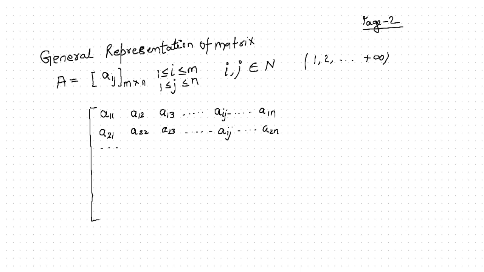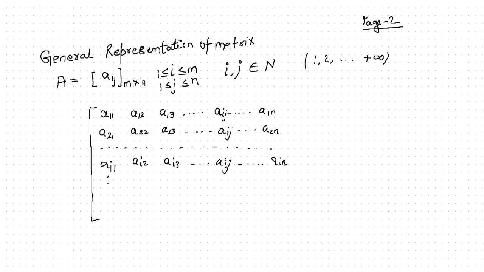Similarly we will move down, somewhere we will get the ith row, that is Ai1, Ai2, Ai3. Similarly this is the jth column, so this is Aij, and this is Ain.